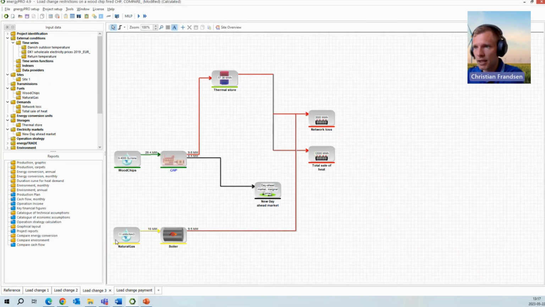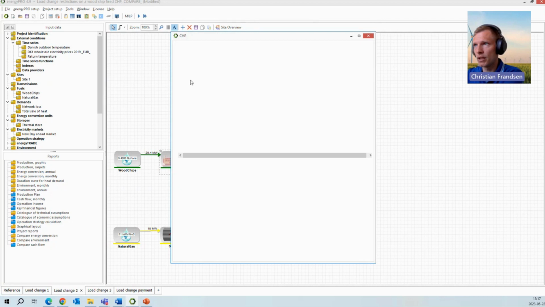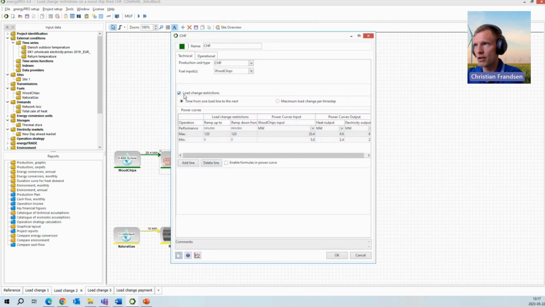And then, as I promised, I would also mention the other option here when you have toggled on these load change restrictions, which is the time from one load line to the next. Again, the same applies, that it is not in the starting up and the shutting down part, but in the hours between, where you change the load.